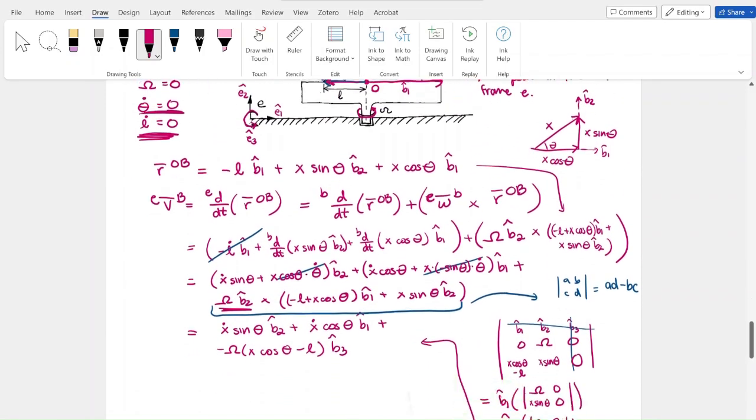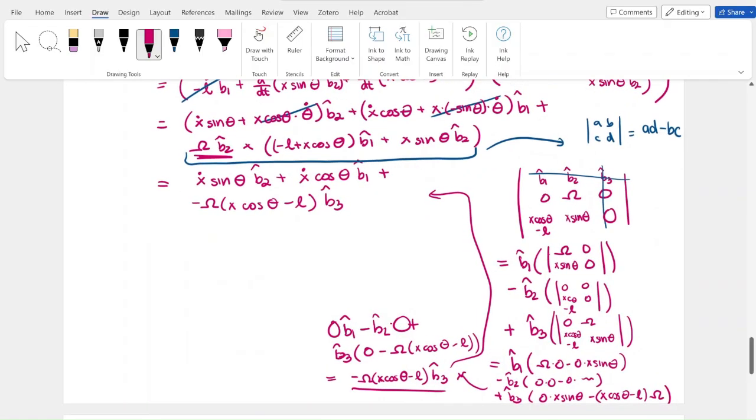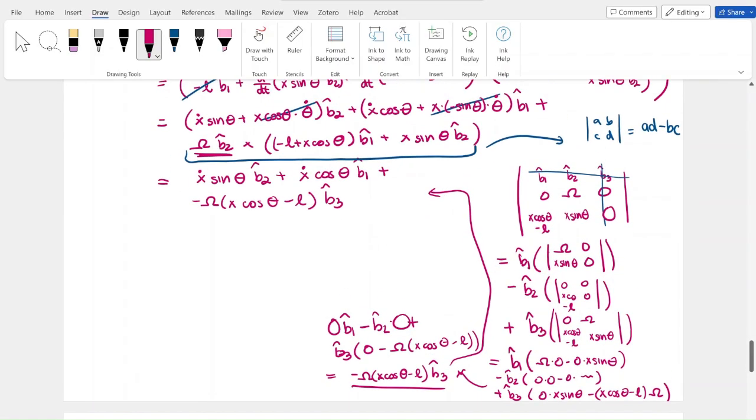Okay, so I would also say that another trick to the cross product, if that was over your head, it's totally chill to just do this method. I'm pretty sure it's a lot faster, but once you get to more complicated stuff, it becomes very messy. In this case, you would know that you would have a B3 term, because if you have B2 crossed with B1, that should give you the B3 term. If you have B1 cross B3, you should get a B2 term.